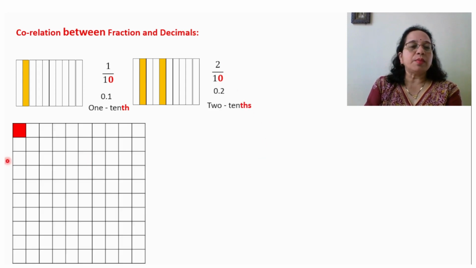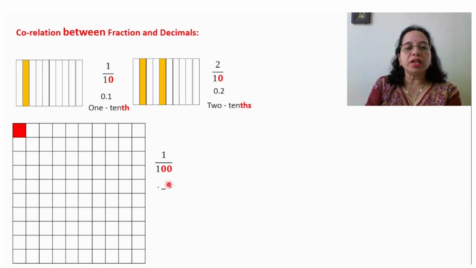Take one more example. Total number of parts are 100, and out of 100 only one part is shaded, so 1/100. This 100 is in the denominator, so how do we read this? One hundredth. Before that, how to write this in decimal? Now here 2 zeros are there, so we will leave these 2 places and then we will put the decimal.